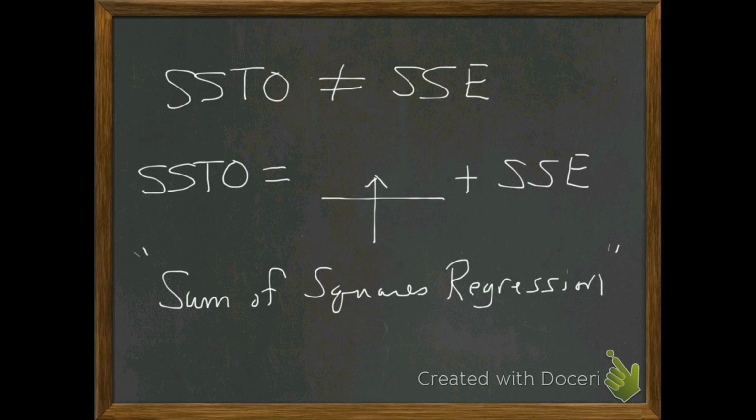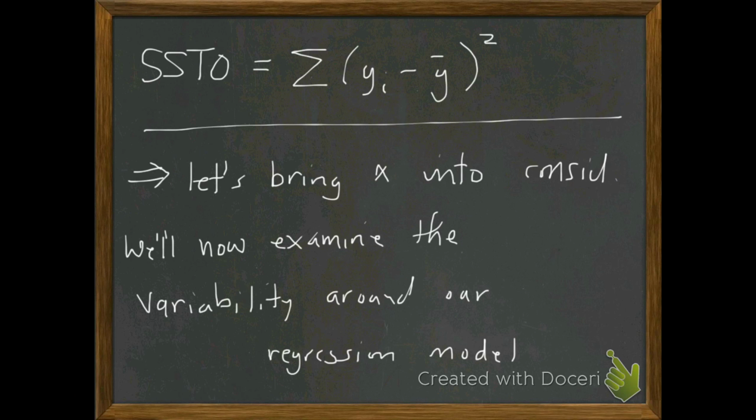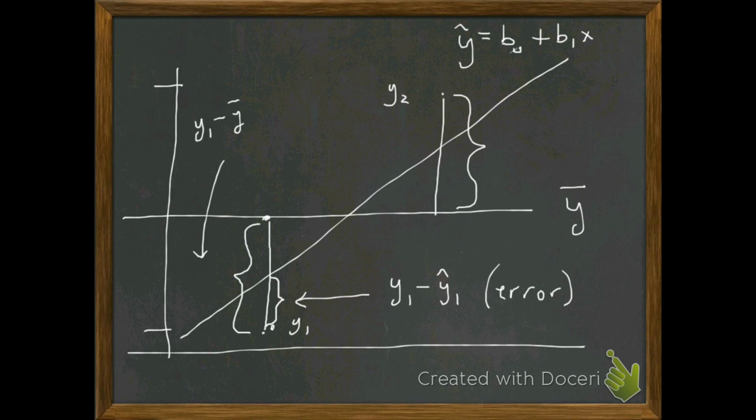Now, if we go back to our picture, which again speaks 1,000 words, we can look at this difference right here, and it would make sense if we're taking two things and adding them up and expecting them to be this, that this part right here would play an important role, and it turns out it does because it's the sum of squares for our regression.